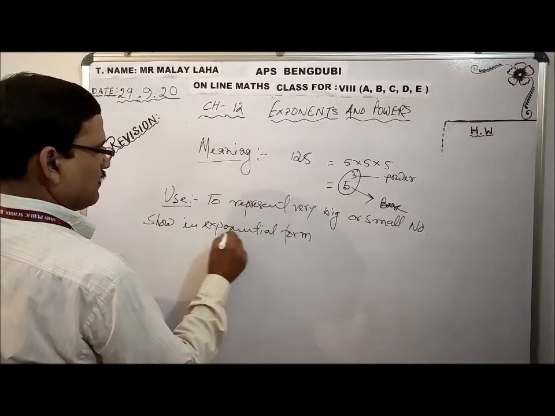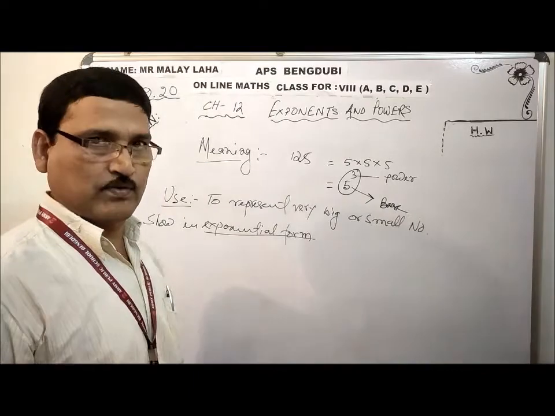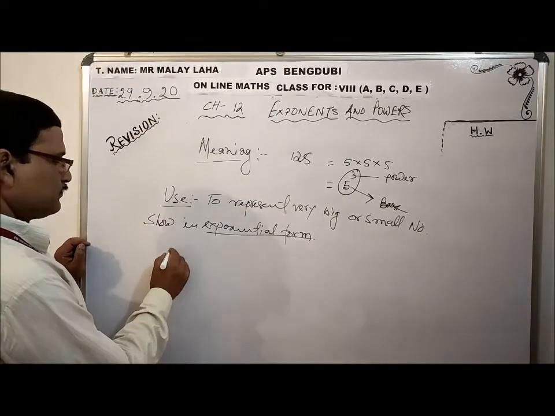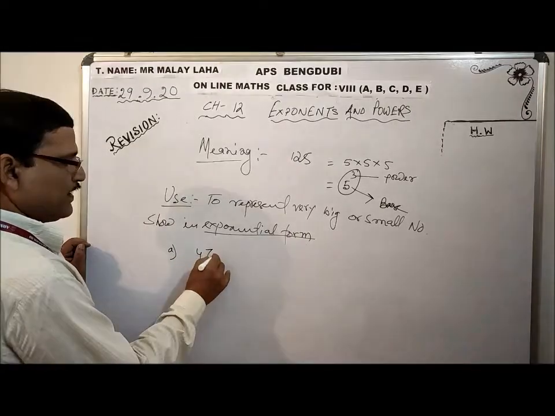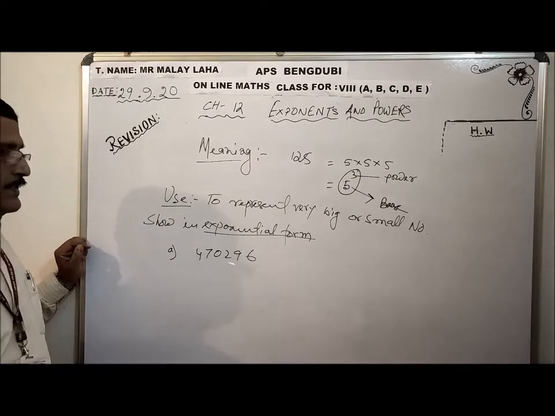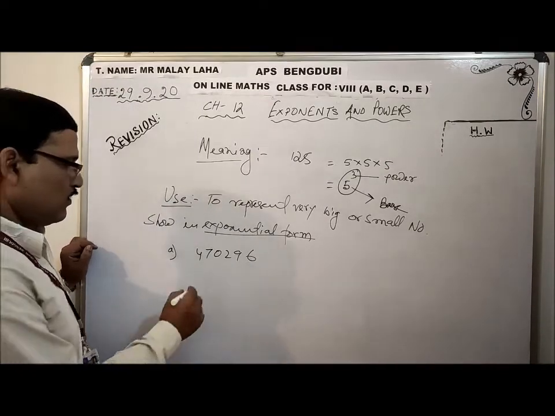Exponential form may be called standard form also, or scientific notation. Say 470296. This is a number. I have to show it in an exponential form. What will you write?